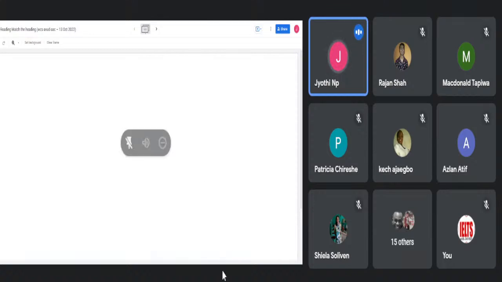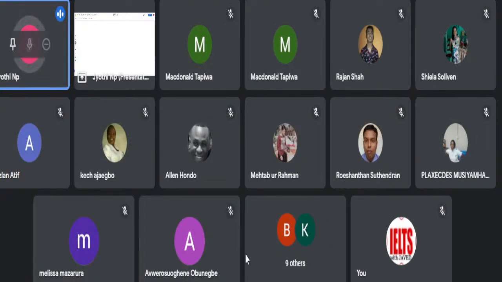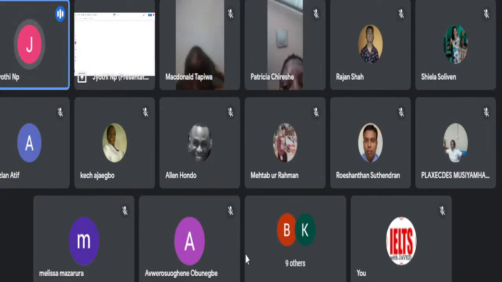Now let us see. Also, just like the first one, identify the similar titles and see what is the difference. Make a note of it.